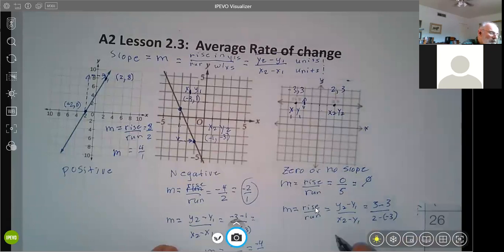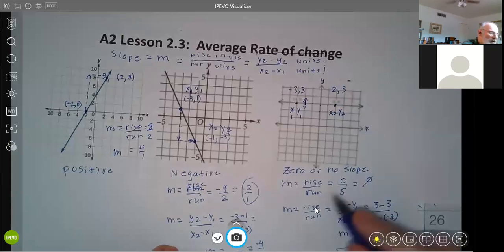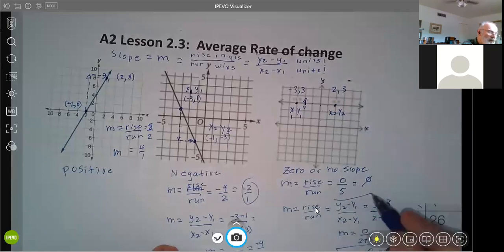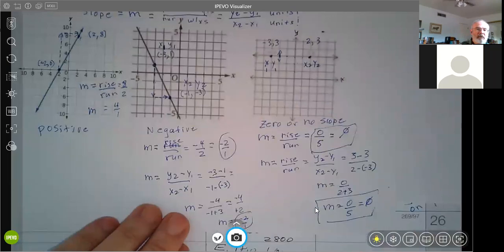So our slope is going to equal 3 minus 3 is 0, and 2 minus -3 is 2 plus 3. So m equals 0 over 5, which equals 0, which is the exact same result as we got up here in the top. Okay, so bring that up so you can take a look at it.